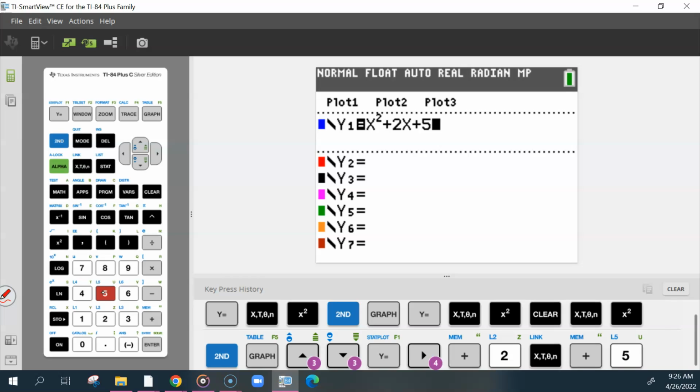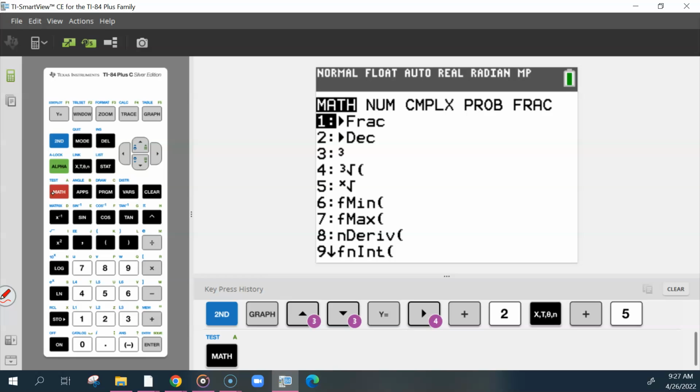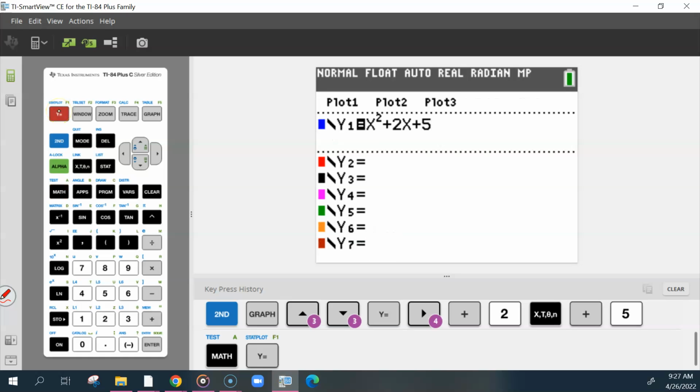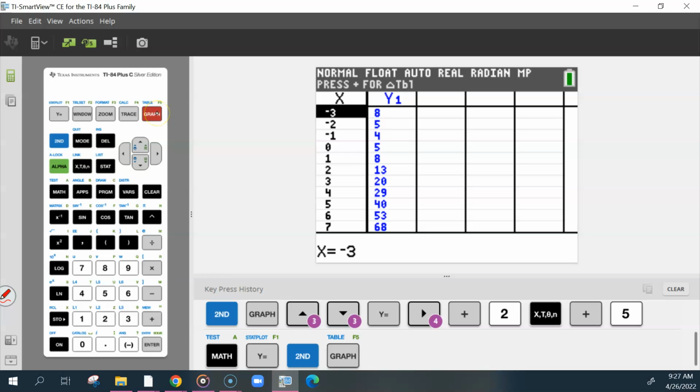The y equals. And then type your equation. Use this button for x. And then after you get your equation, second graph, find your vertex point at -1, 4.